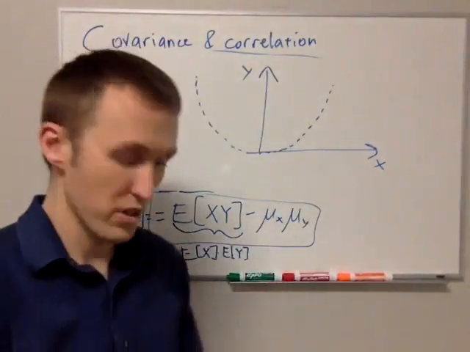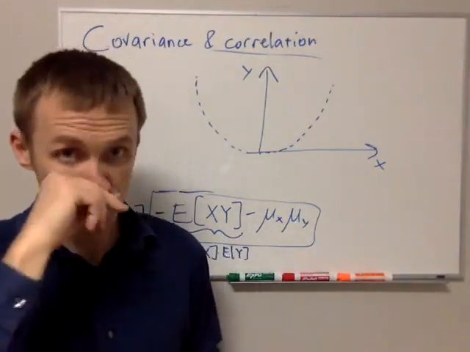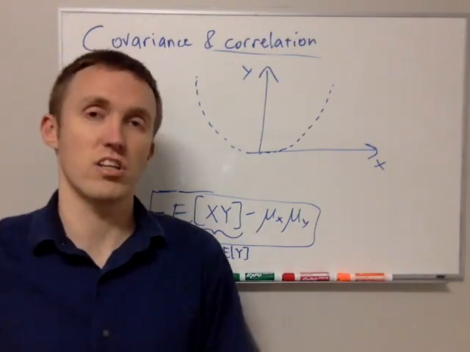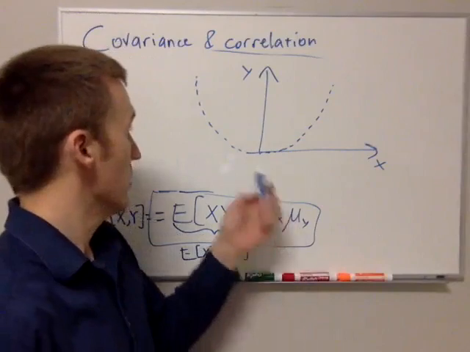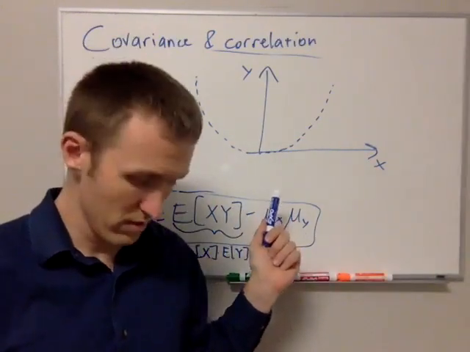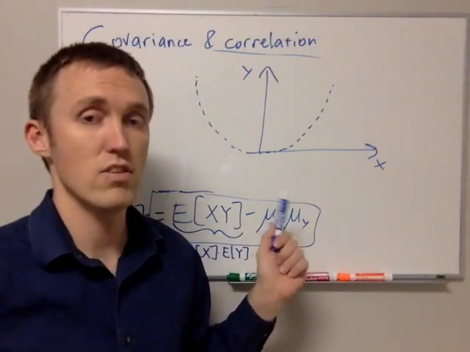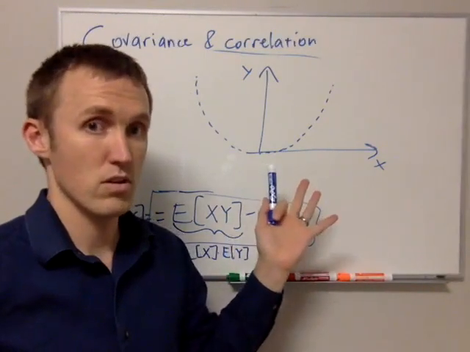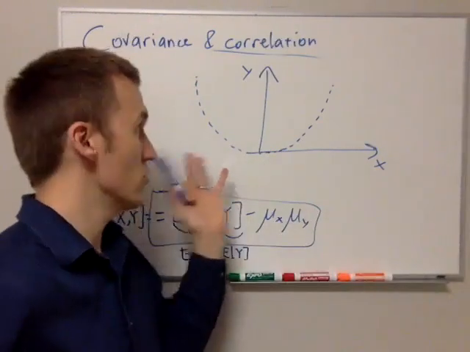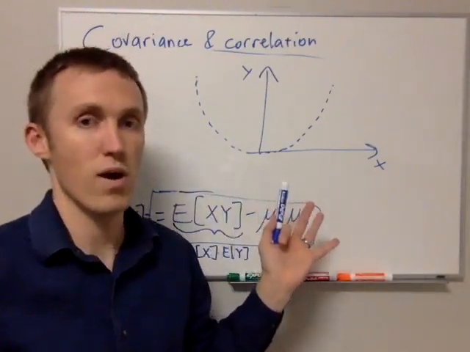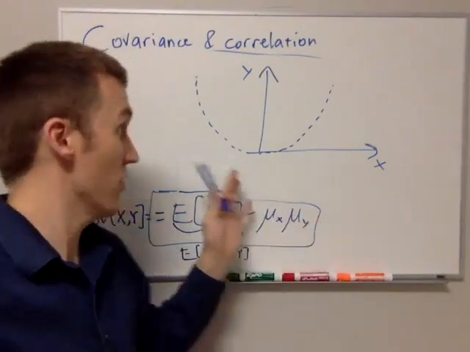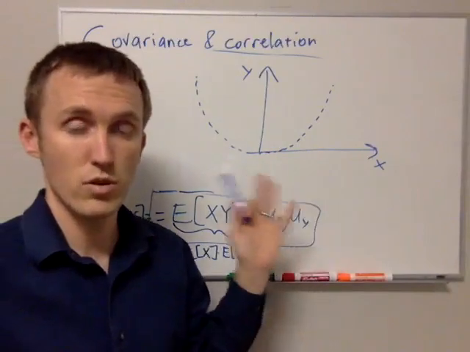A random variable can be a function of another random variable, and in this case it's a completely deterministic function. So even though the two variables are completely dependent, so if you know x you can exactly tell what y is, the covariance between these two variables is going to be 0.